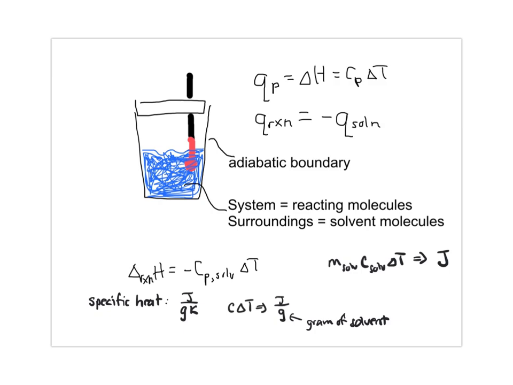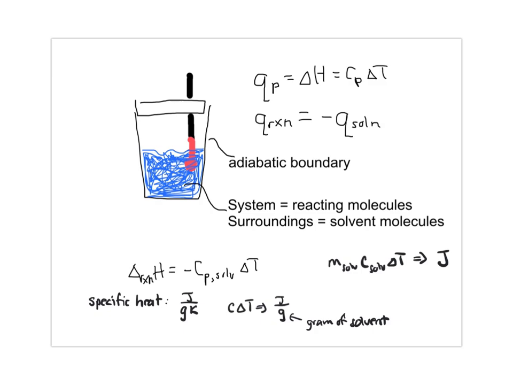That is the amount of energy that's transferred from the reacting molecules to the solvent molecules, or from the solvent molecules to the reacting molecules. And so it's that value that is actually equal to the amount of energy transferred.